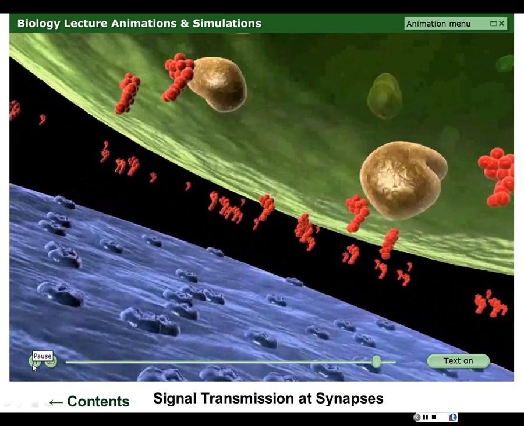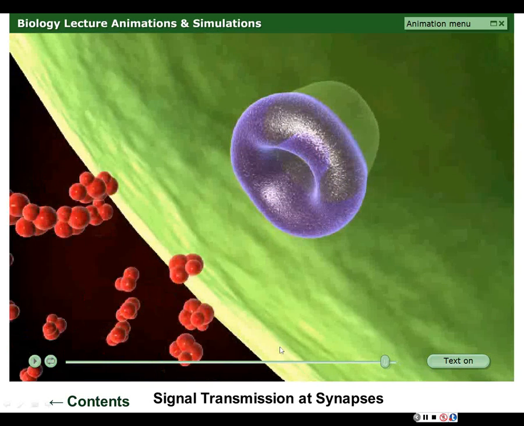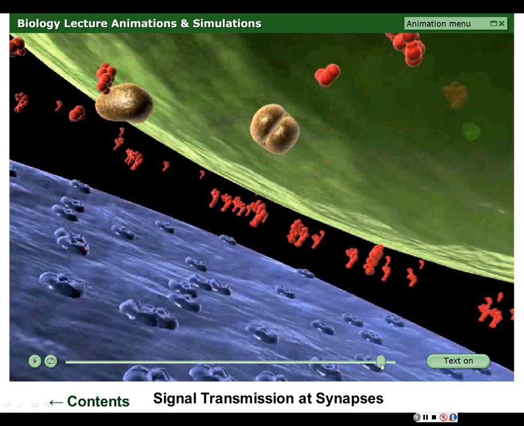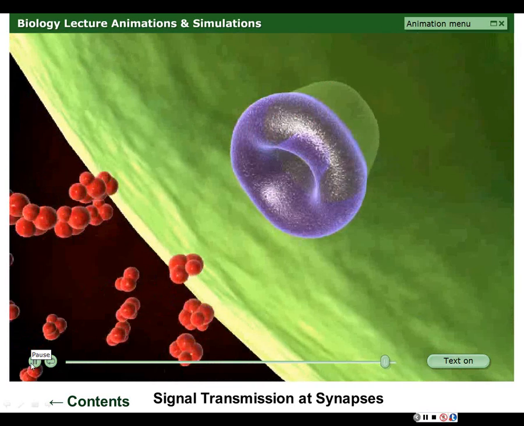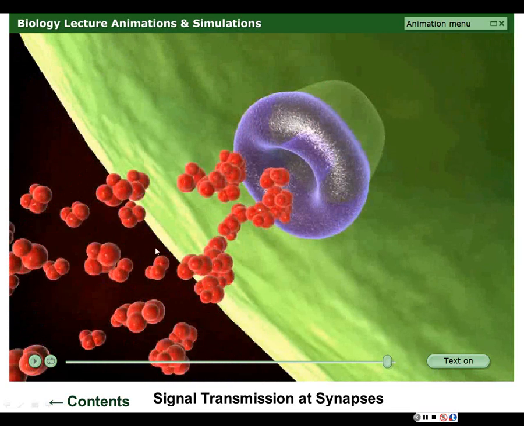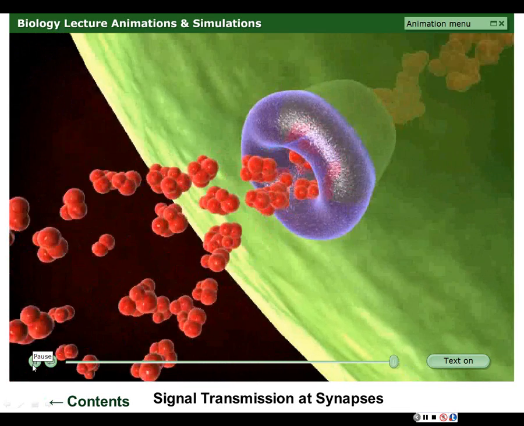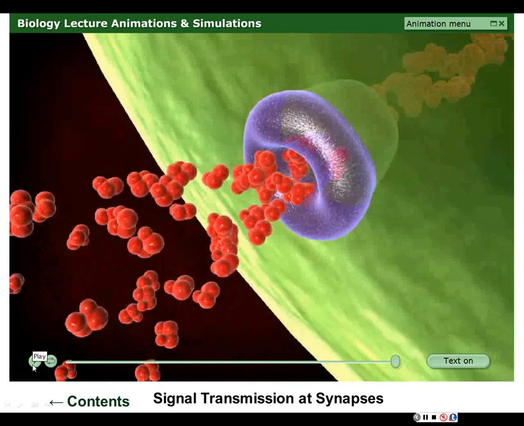So here we can see some extracellular fluid, neurotransmitters with enzymes digesting the neurotransmitter. And here we can see in the purple the what? Reuptake molecule. And then however the process depends on which neurotransmitter it is. Good?